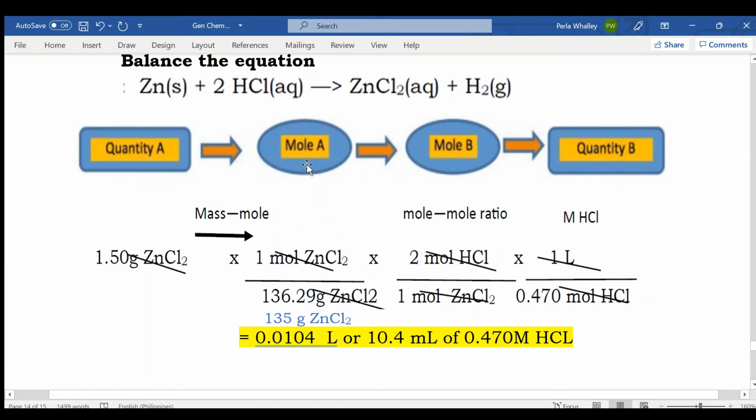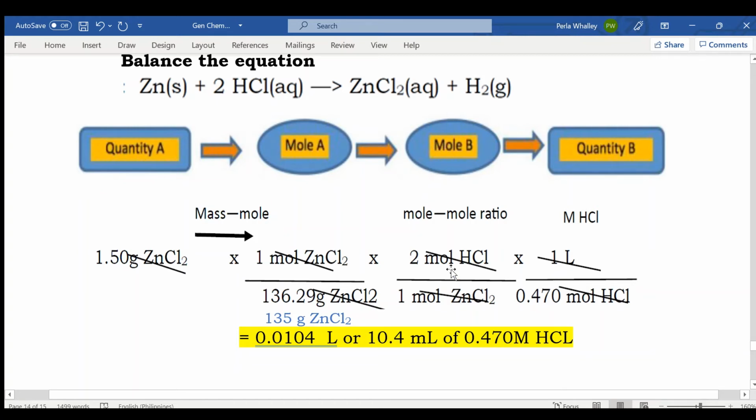So 1 mole of zinc chloride has 135 grams of zinc chloride times mole B. 1 mole of zinc chloride per 2 moles of hydrogen chloride. So 2 moles of hydrogen chloride will react to form 1 mole of zinc chloride.